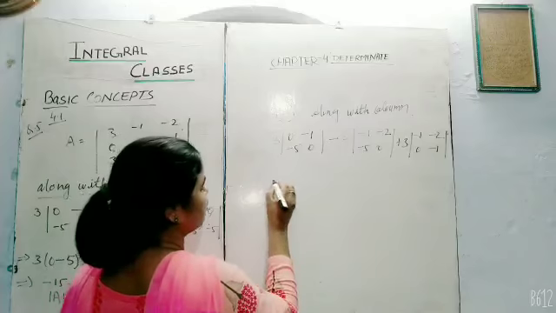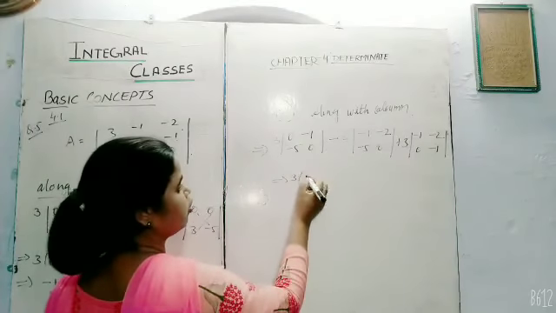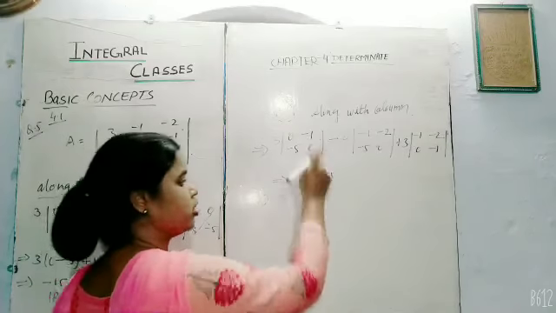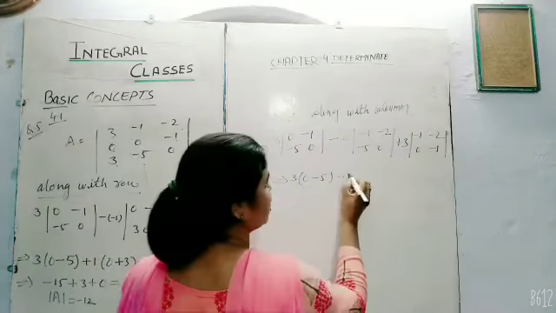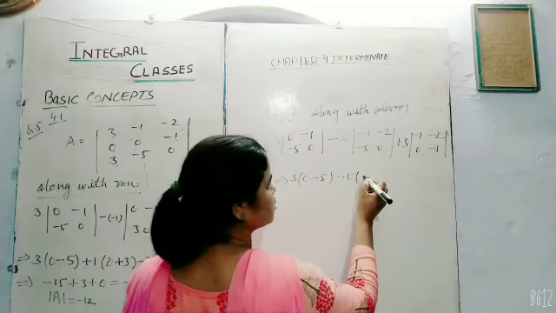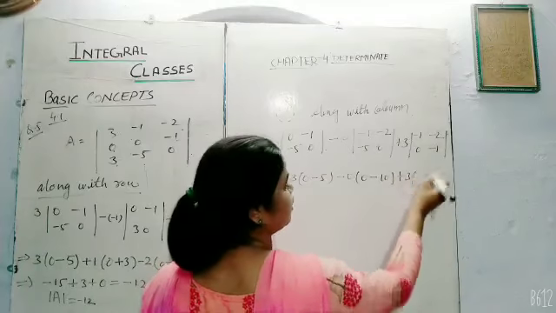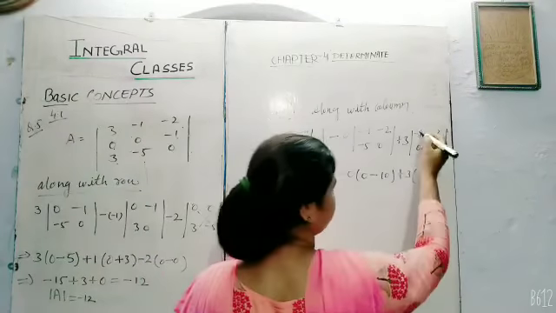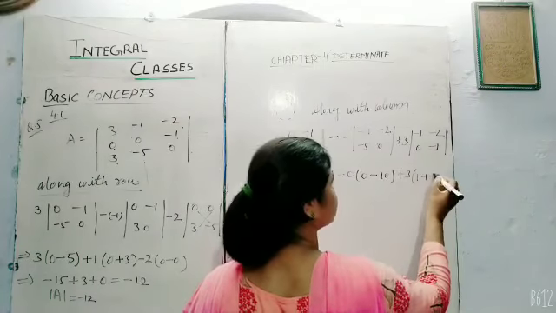Now we solve. 3 into (0 minus 5 into minus 1 minus 5), it will be positive and the minus sign is from the formula. Here is 0, so it will become 0. And plus 3 into (minus 1 into minus 1 plus 1, 0 into minus 2), that means plus 0.